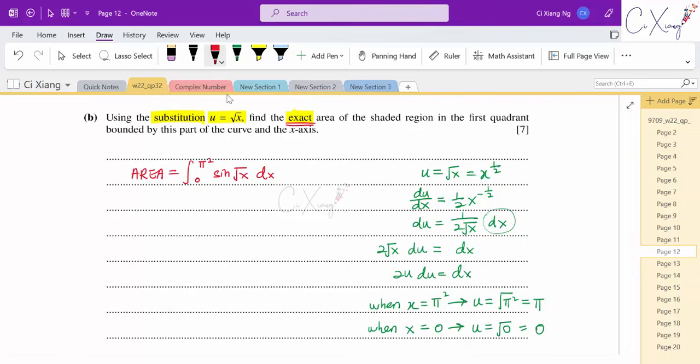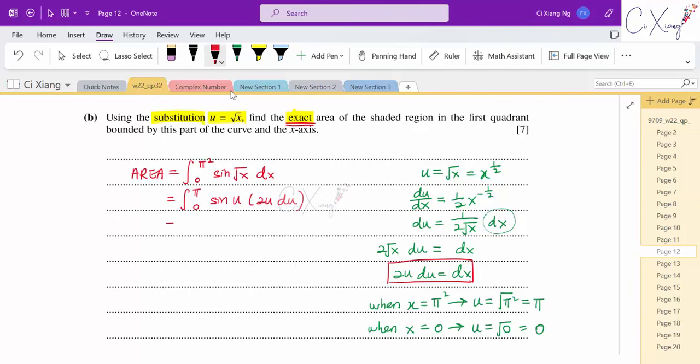First of all, we change the limits to pi and 0. Sine x, I will change to sine u. dx, I will get the result from here; dx can be written as 2u du.